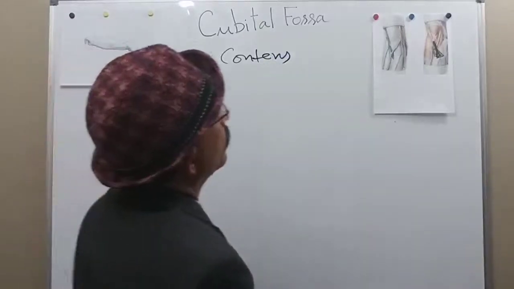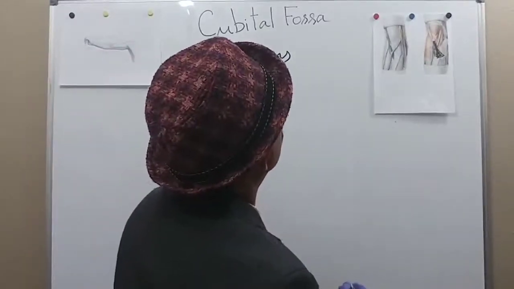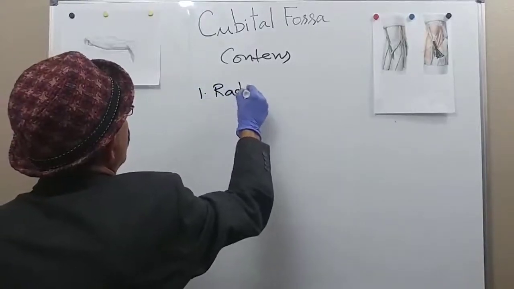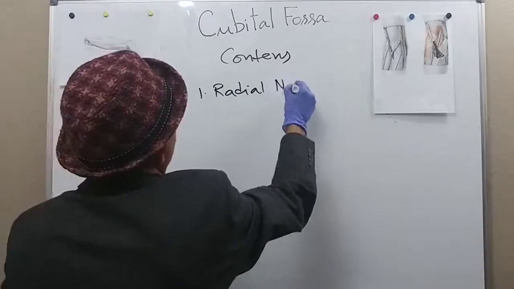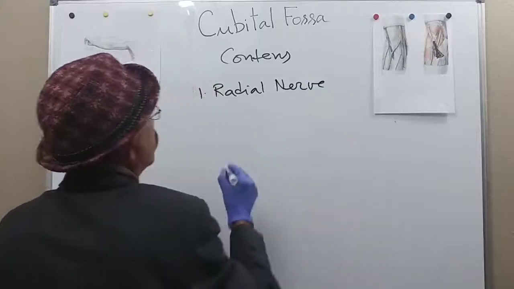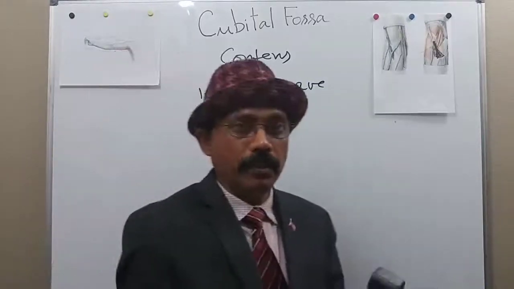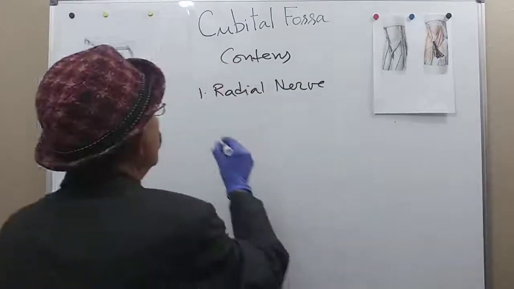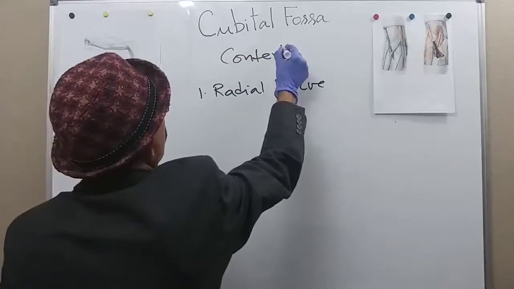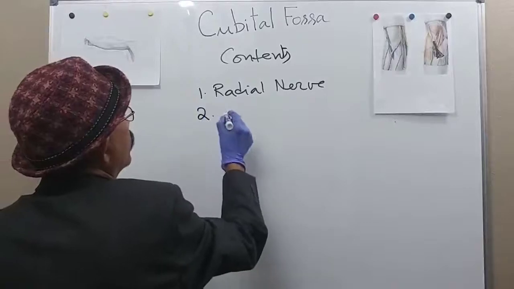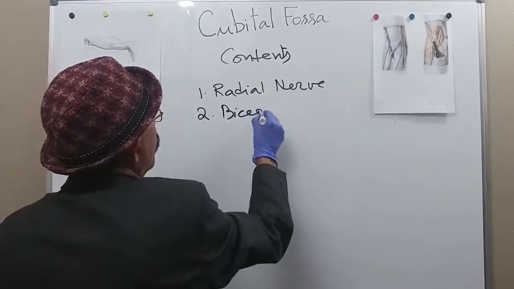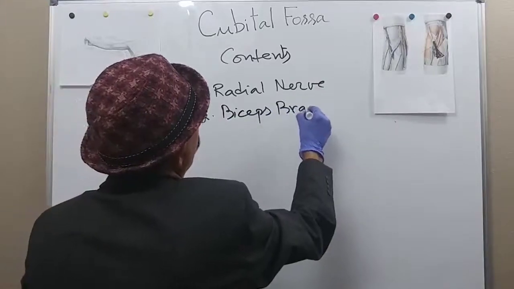The first content is the radial nerve. The radial nerve is hidden mostly by the brachioradialis muscle. Then we have the biceps brachii tendon.